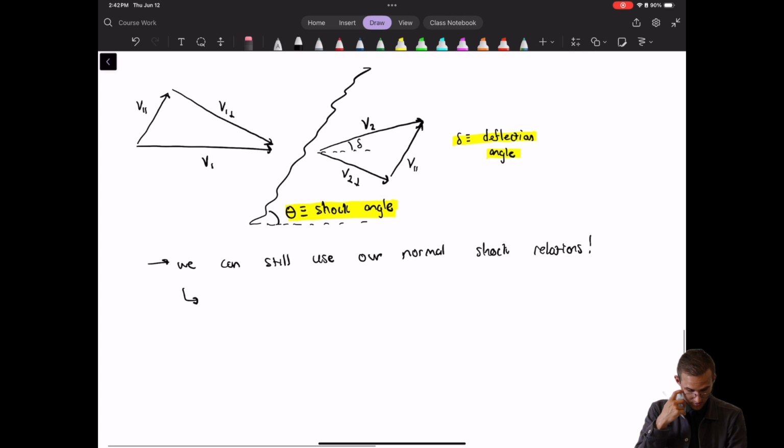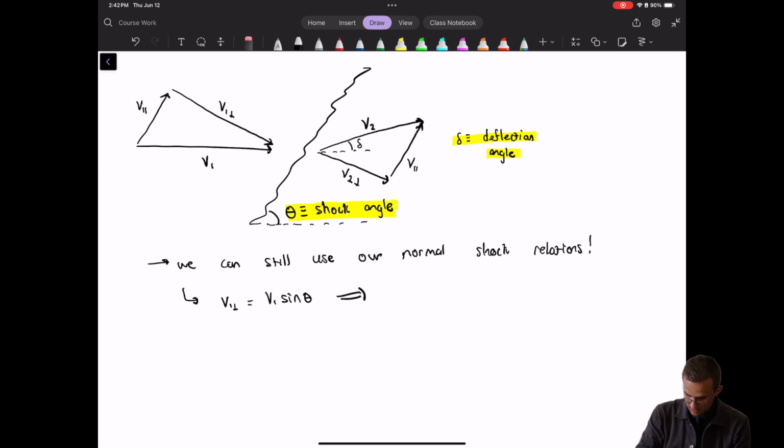So we know that V1 perpendicular is equal to V1 sine theta. And so we can divide both sides by the speed of sound on the upstream flow, and what we get is M1 perpendicular is equal to M1 sine theta.